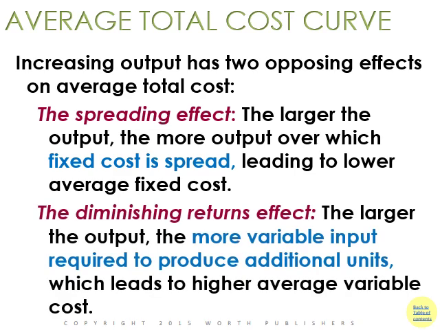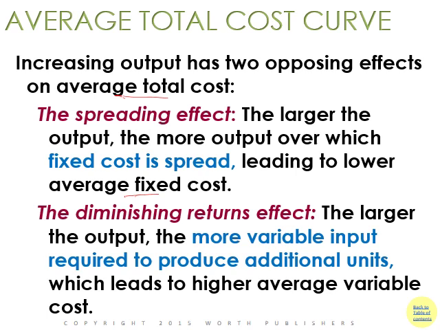And explaining why the average total cost curve is U-shaped. Okay, initially you're spreading your fixed costs out over additional output. Average fixed cost is decreasing rapidly, but at the same time, if there is diminishing marginal productivity of your variable inputs, average variable cost is going to be increasing.